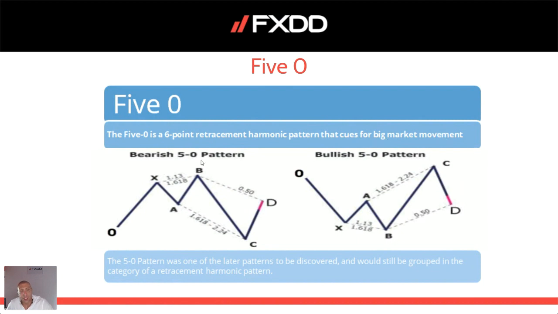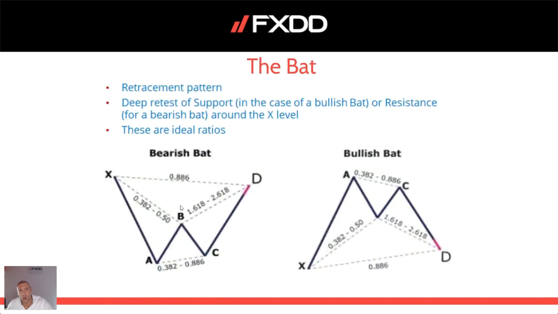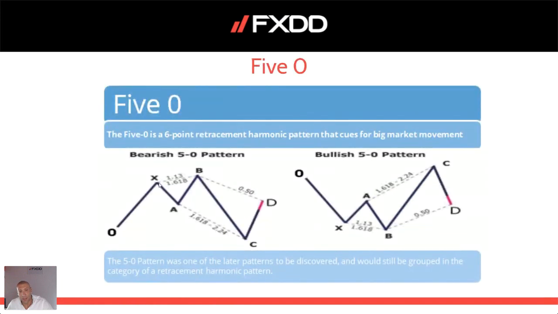Now, bearish 5.0 is basically, we start with 0. We have a pattern that is similar to the M pattern, but we have O, X, A, B, C, and D. From X to B, it's either 1.13 or 1.618. From A to C is either 1.618 or 2.24.